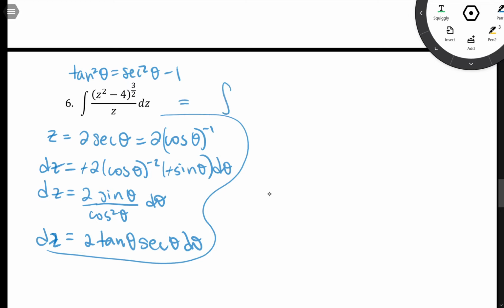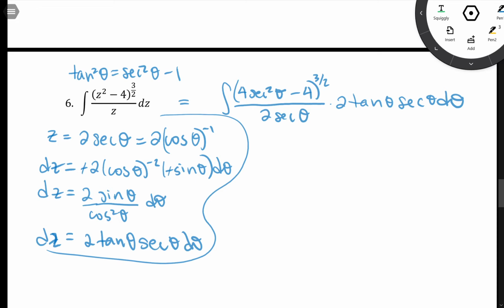Okay, so this turns into 2 secant. When we square that, we get 4 secant squared theta minus 4 raised to the 3/2, all over 2 secant theta, and then that gets multiplied by a 2 tangent theta secant theta d theta.